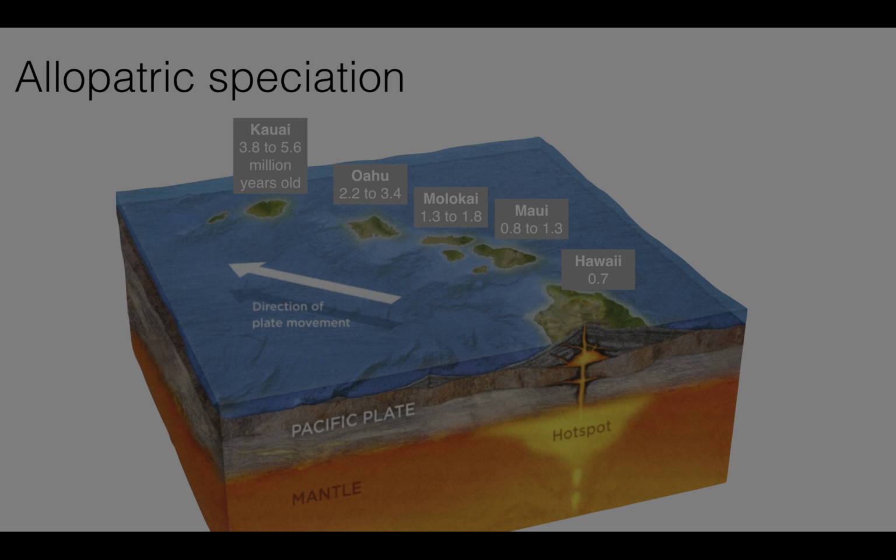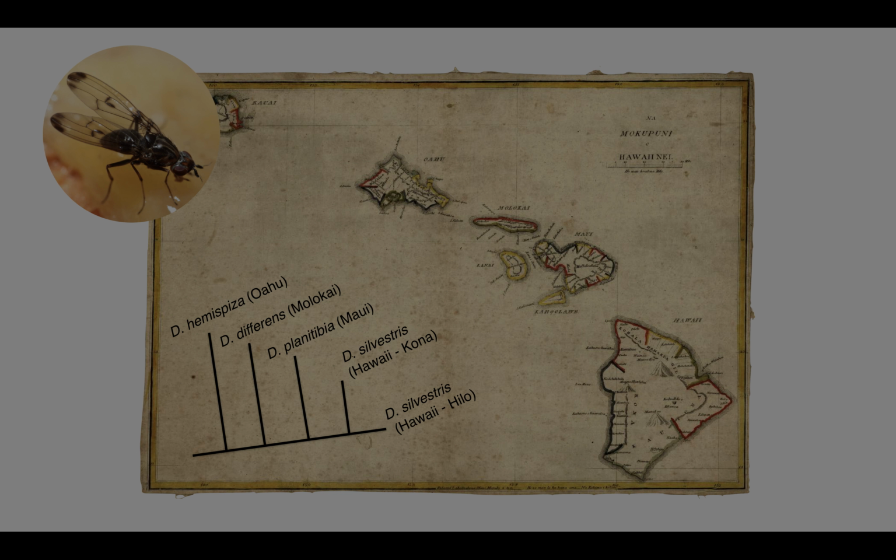The current islands are about 5 million years old at their oldest. As you move away from the hotspot, which is currently under the Big Island of Hawaii, toward the older islands of Kauai and Niihau, they become older and older.